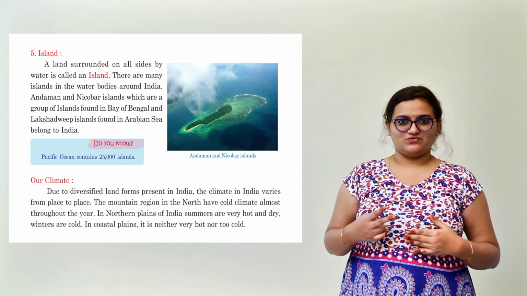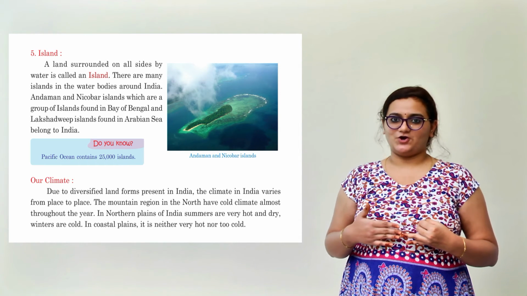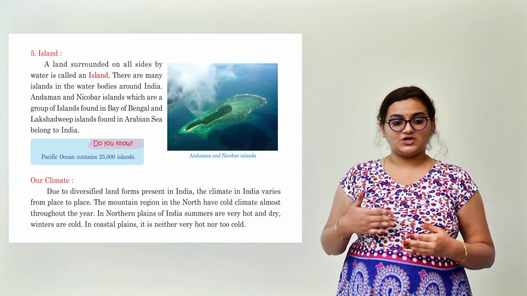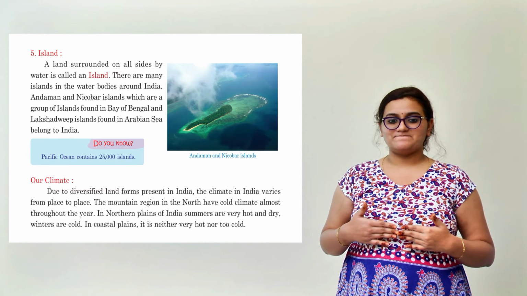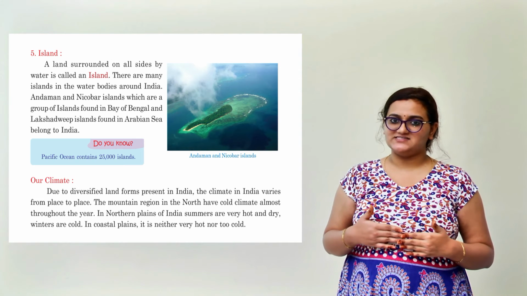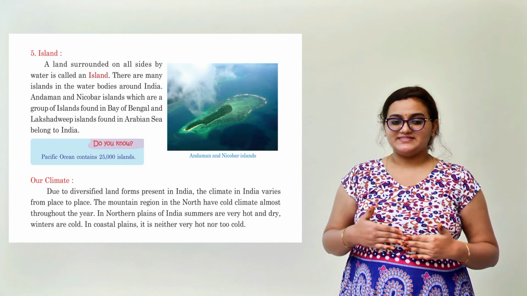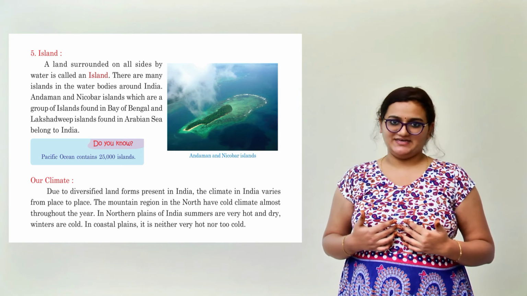You have two. One is Lakshadweep and one more is the Andaman and Nicobar Islands. So Andaman and Nicobar Islands are found in which water body? In the Bay of Bengal. And where are the Lakshadweep Islands found? Can you tell me? They are found in the Arabian Sea and hence they belong to India.